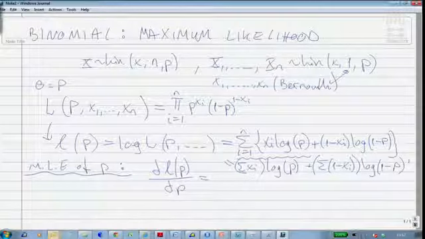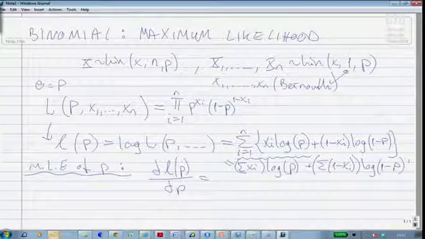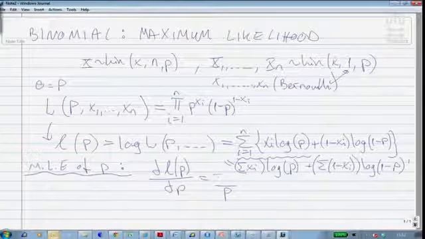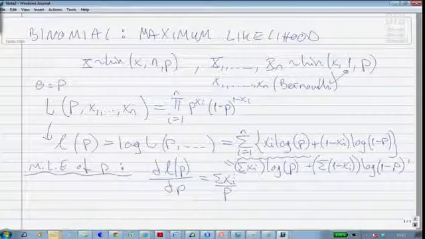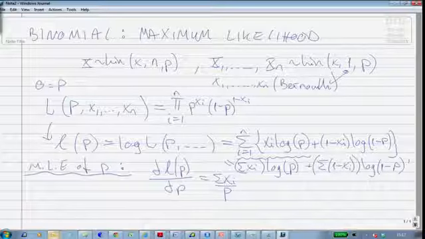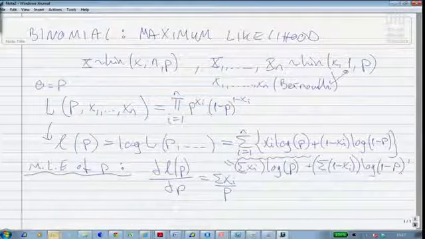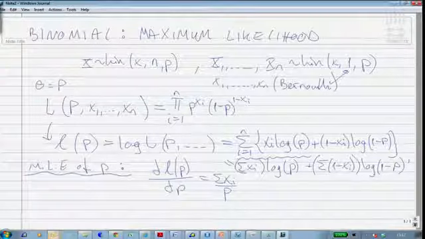Now I do the derivative of this. The derivative of log p is 1 over p. And then I have the constant, because seen as a function of p, the data is just constants. It's just something plugged into the function. So it's kind of an easy thing. It's just the sum of the xi. What about the second term here? Then I have to take the derivative of log 1 minus p.